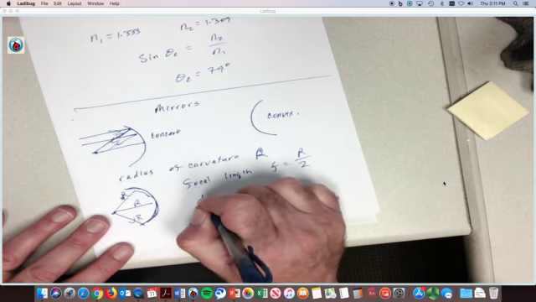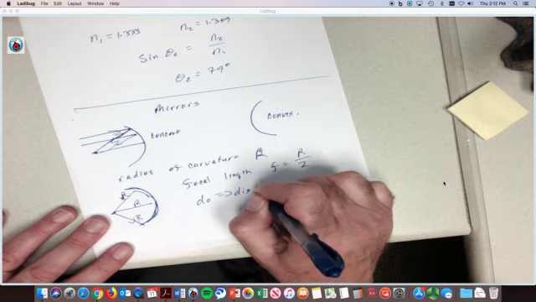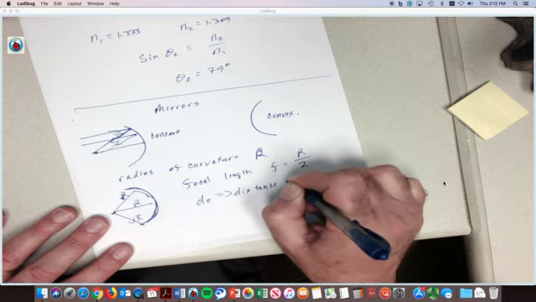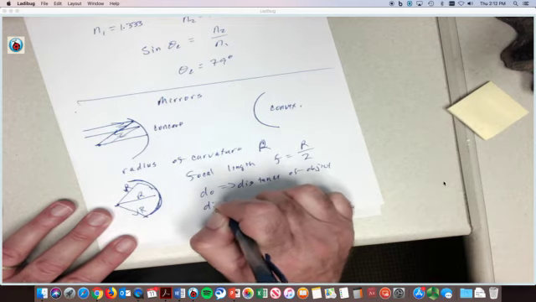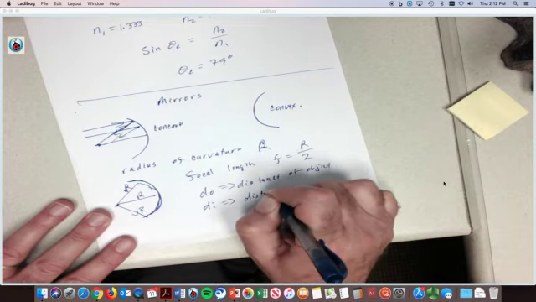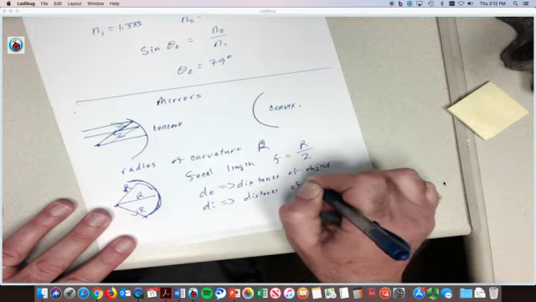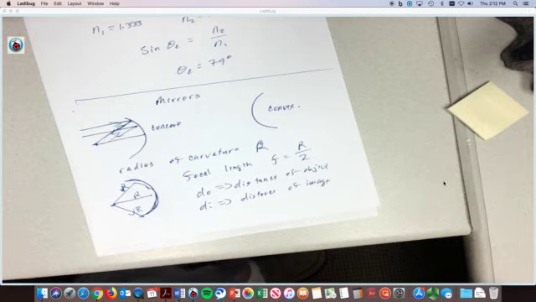We've got a distance of the object, do, distance of object. Di, distance of image. Now we're not going to do double lenses or anything like that when we get up to the lenses. We're going to do mirrors first, and then we'll do lenses.